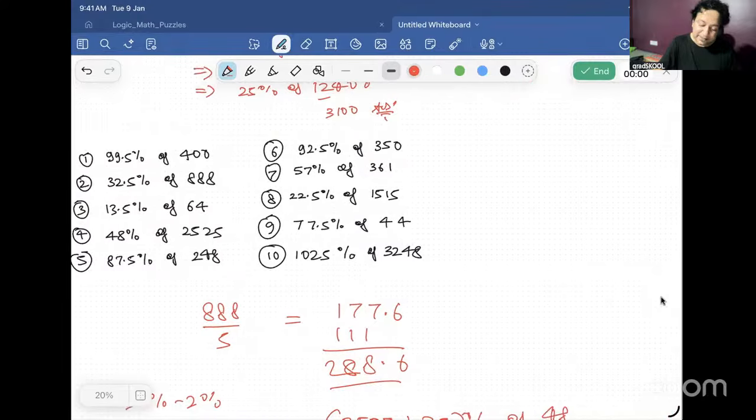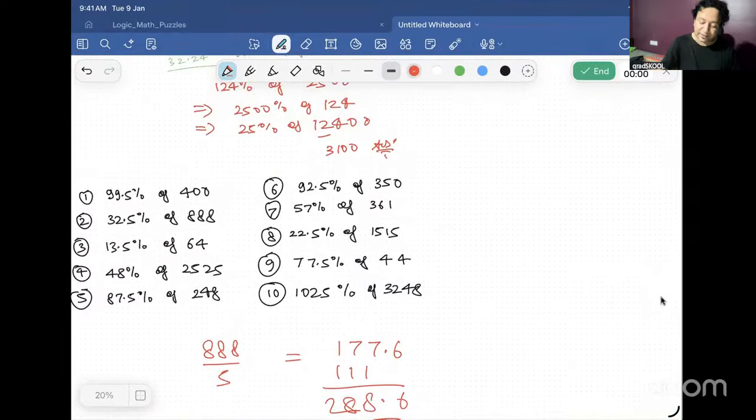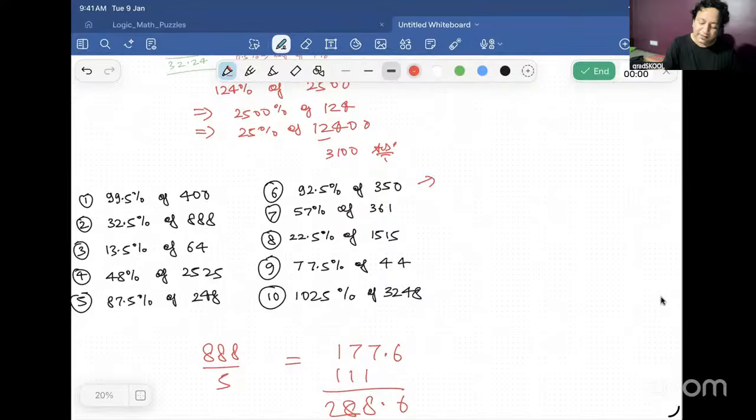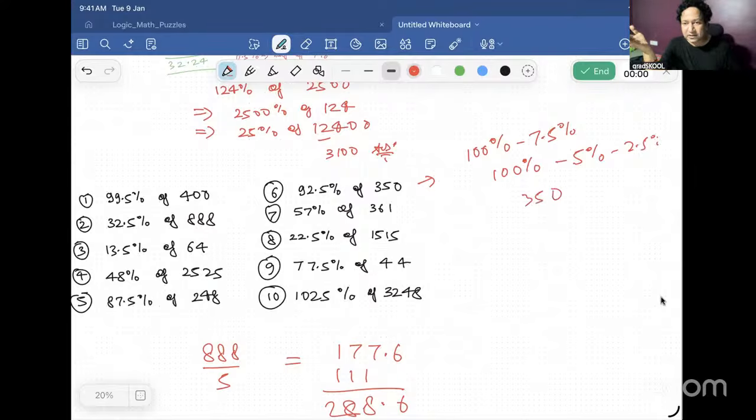Clear? Sixth, 92.5% of 350. Now 92.5% is what? 100% minus 7.5%, which is 100% minus 5% minus 2.5%. 100% is 350, all of it. 5% is what? Half of 10%. 10% rule we can use there.